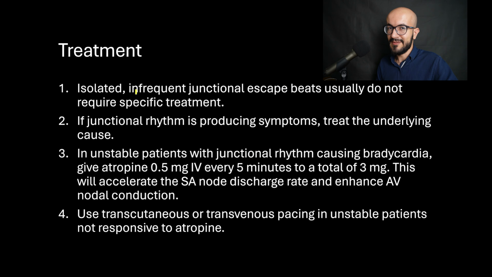Now let's talk about the treatment. So isolated infrequent junctional escape beats usually do not require specific treatment, and if junctional rhythm is producing symptoms, you treat the underlying cause, and in unstable patients with junctional rhythm causing bradycardia, you give atropine 0.5 milligrams IV every 5 minutes to a total of 3 milligrams, and this will accelerate the SA node discharge rate and enhance the AV nodal conduction.